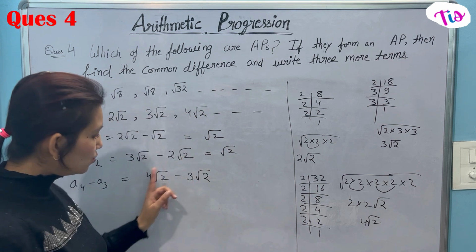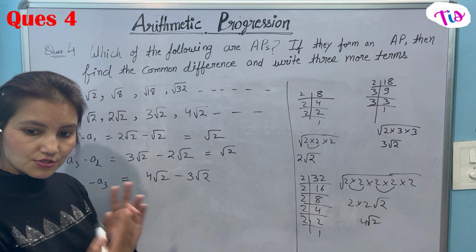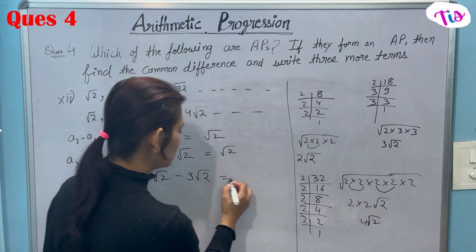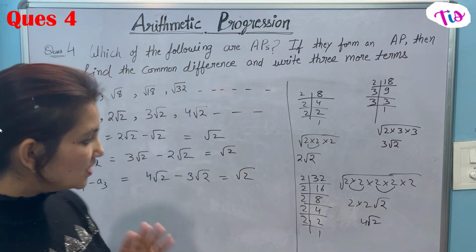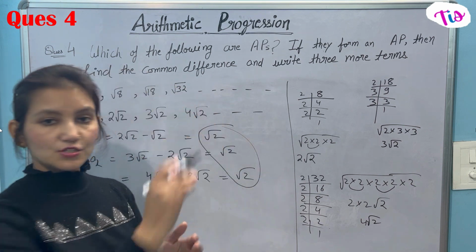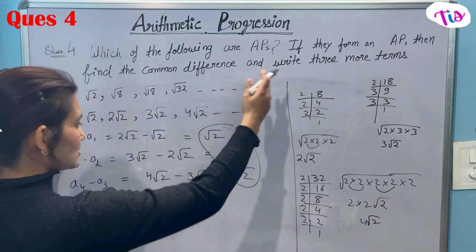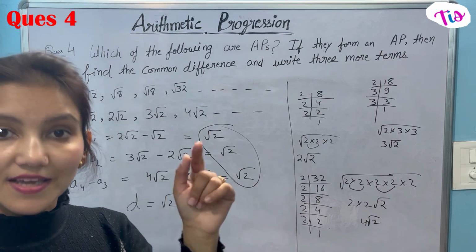So 4 root 2 minus 3 root 2, 4 minus 3 is 1 root 2, that is root 2. So we can see that the difference of two consecutive terms is constant, that is root 2, and the common difference is root 2. So it means this sequence forms an AP.